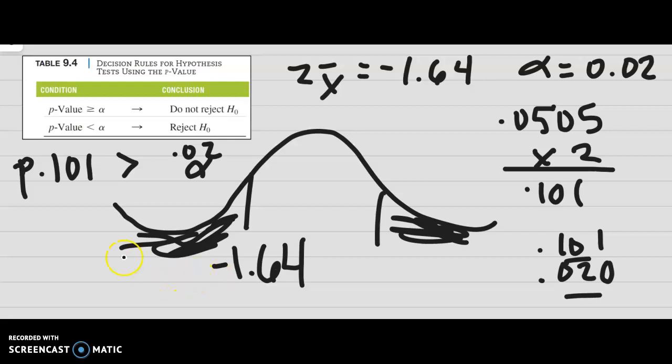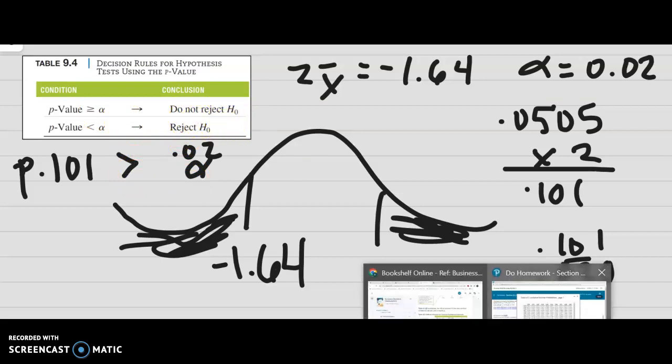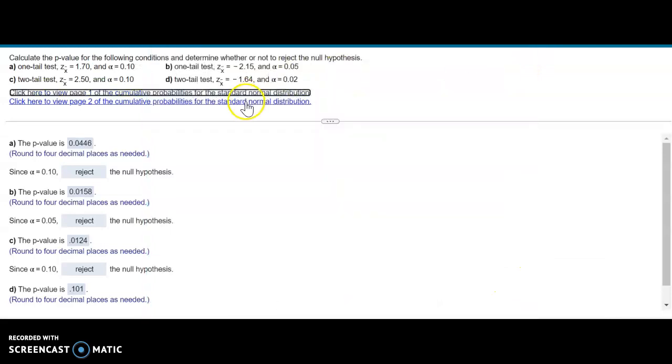Okay, and since our p-value is greater than our alpha value, we are going to choose do not reject the null. Okay, so that is how you will work question 1 as well as question 2. So let me know if you have any questions about these first 2 problems on your homework in section 9.2.